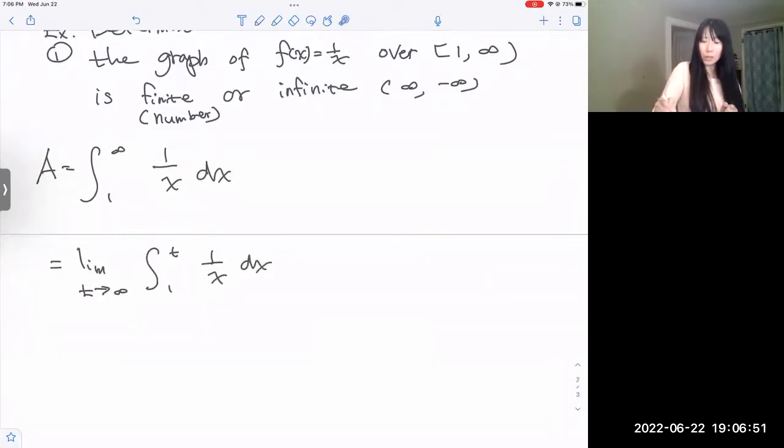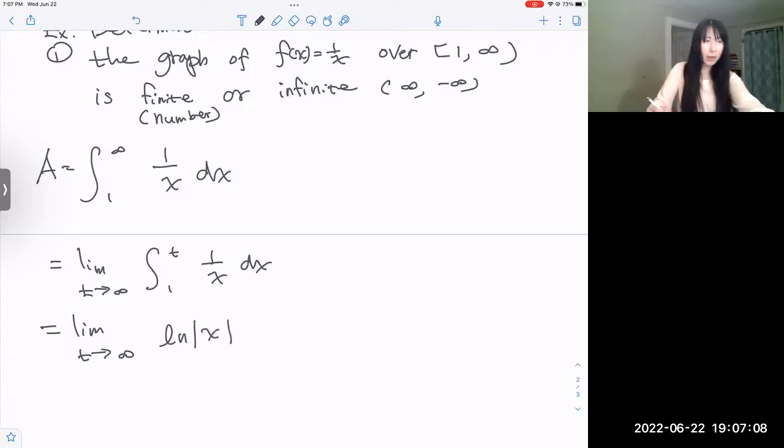So we integrate this one, what do you get? ln absolute x. Excellent. So we have the limit as t approaches positive infinity of ln absolute value of x, evaluated from 1 to t.